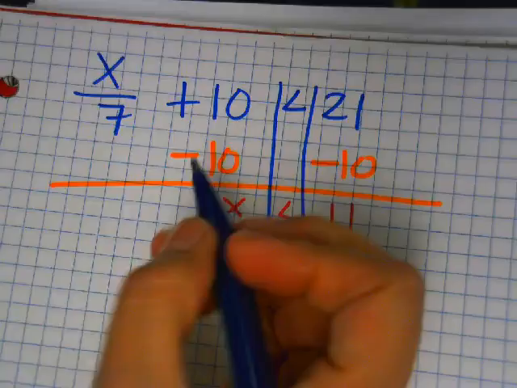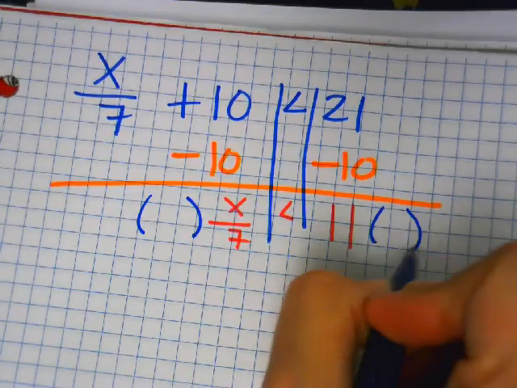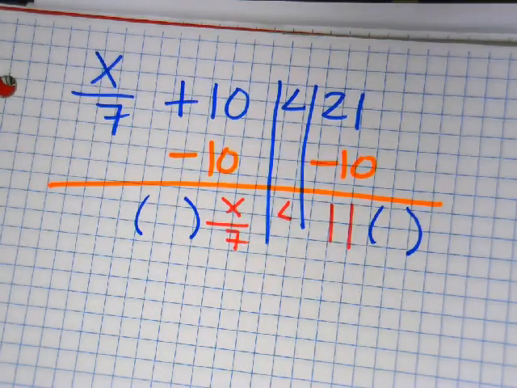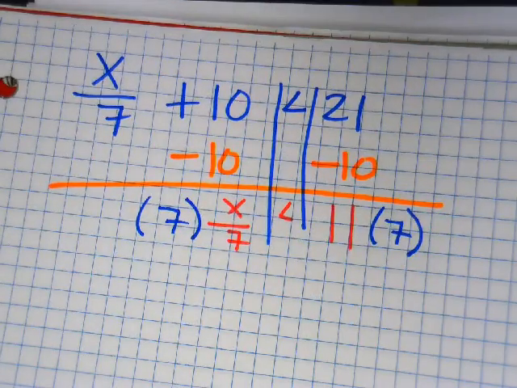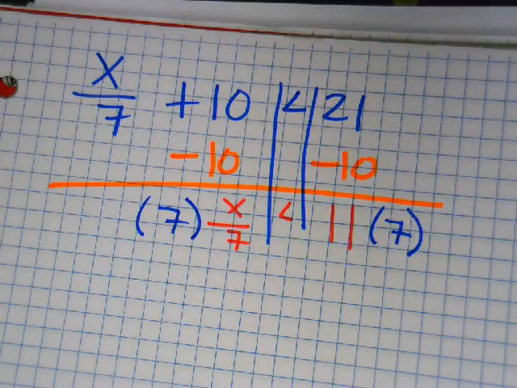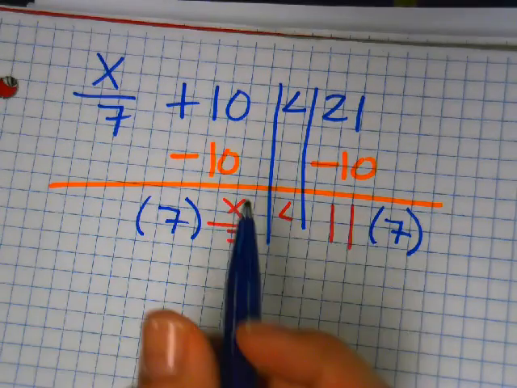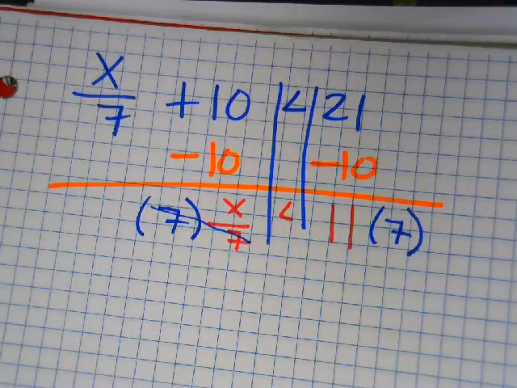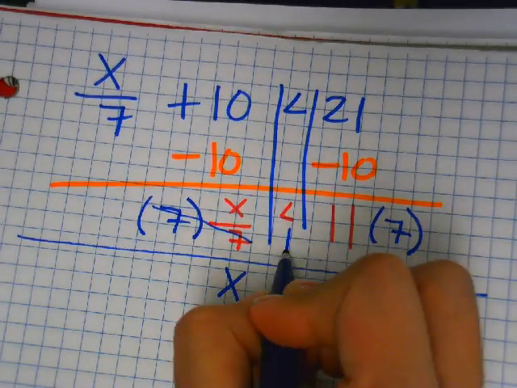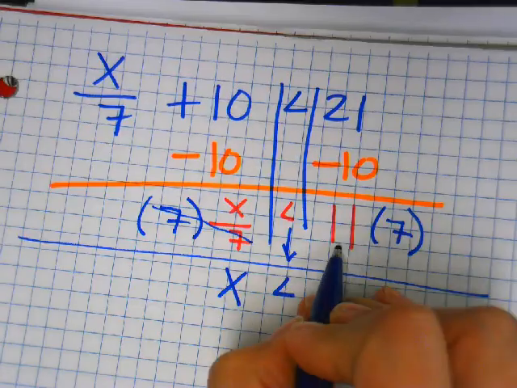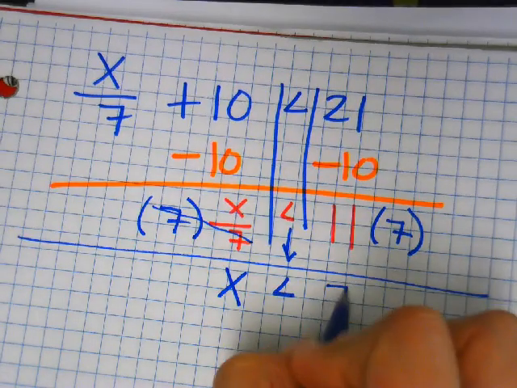So we're going to multiply by what number? 7. What happens here? Gets eliminated. Big line. X is less than. What's 11 times 7? 77.